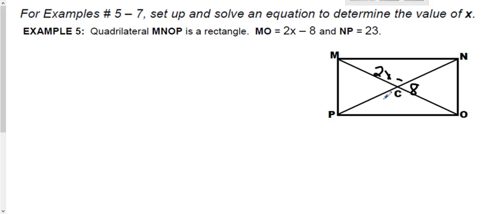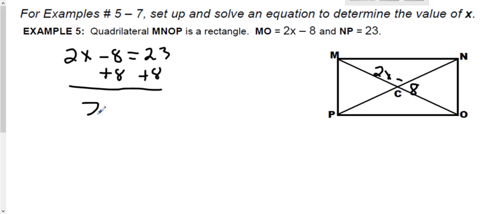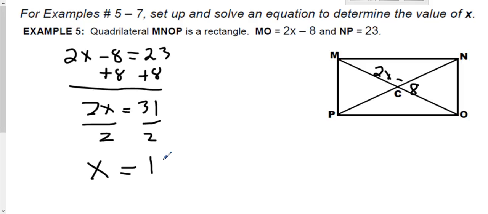Well, we know the diagonals in a rectangle are congruent, so our equation is 2x minus 8 equals the other diagonal, which is 23. So we add 8 to both sides, and we get 2x equals 31. Divide by 2. And x equals 15.5.